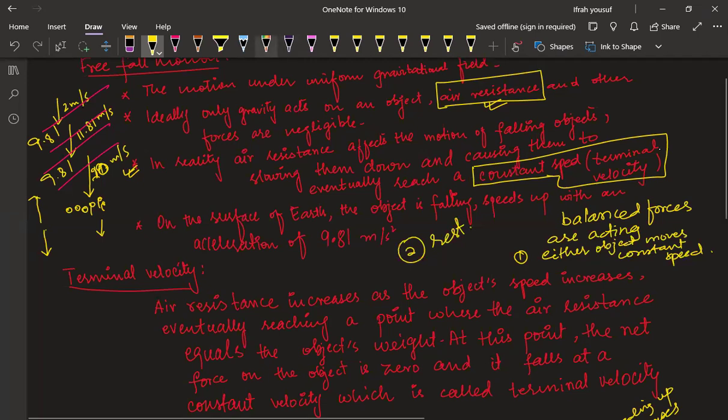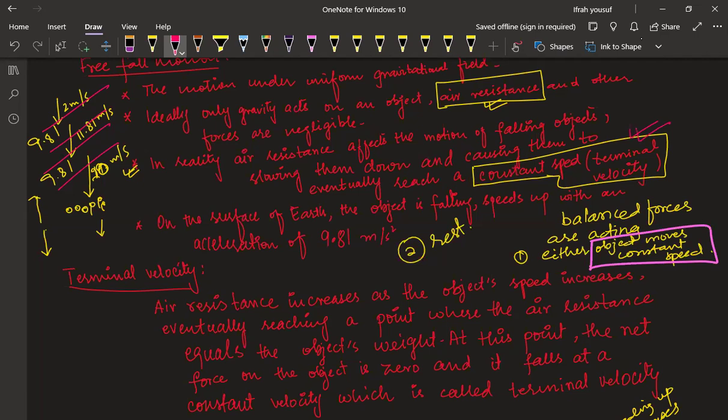Now, is this clear to you? So initially, the forces are not balanced, but when the forces become balanced, the object is going to move with the same constant speed. That constant speed is called terminal velocity.